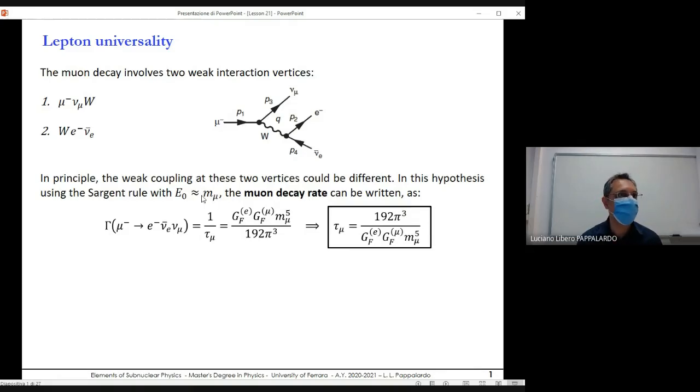So we have a muon at rest that decays, so the total energy is essentially given by the mass of the muon. We can neglect the mass of the electron and the neutrino, of course.